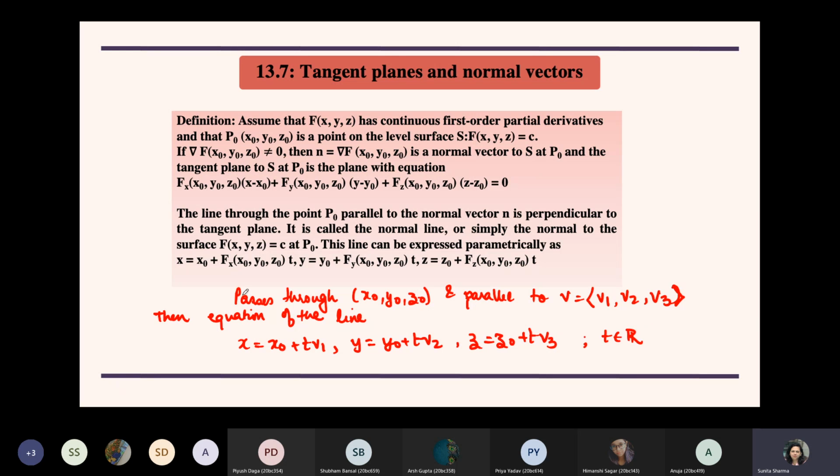Depending on different values of t, you get different points on this line.